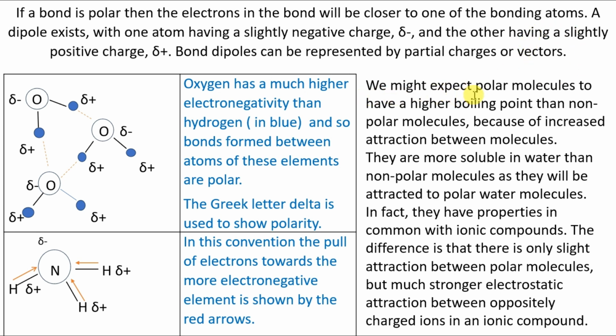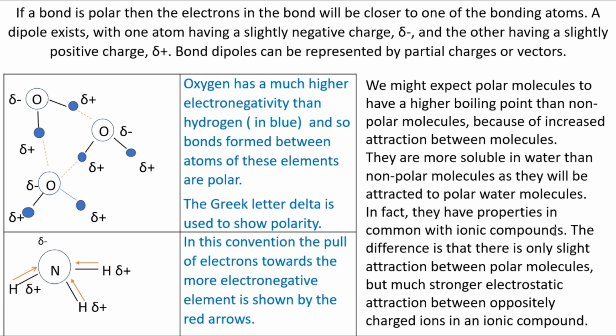We might expect polar molecules to have a higher boiling point than non-polar molecules because of increased attraction between molecules. They are more soluble in water than non-polar molecules because they will be attracted to polar water molecules. In fact, they have properties in common with ionic compounds.